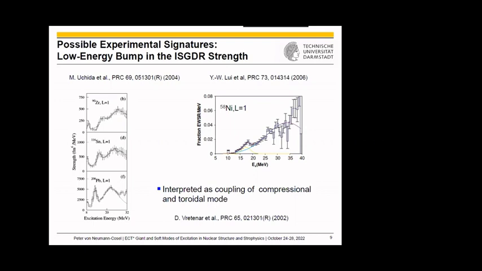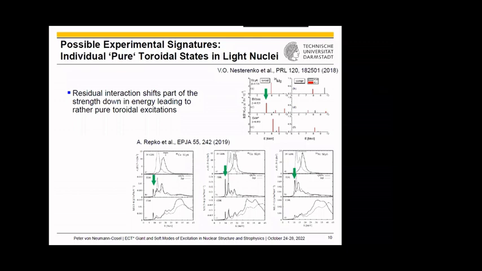So it seems not to be compressional, and actually already 20 years ago, Dario and some people in the audience, Niels and Peter Ring, also were authors of this, interpreted this as a coupling of the compressional and the toroidal mode. Recently, there's a group of people who have intensively worked over the last maybe 10 years theoretically on this, including P.G. Reinhardt and Valentin Nesterenko.